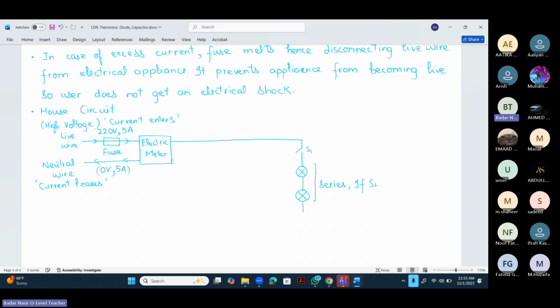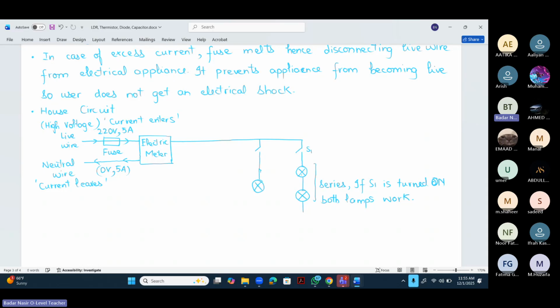If S1 is turned on, both lamps work. Okay, these two are in series.